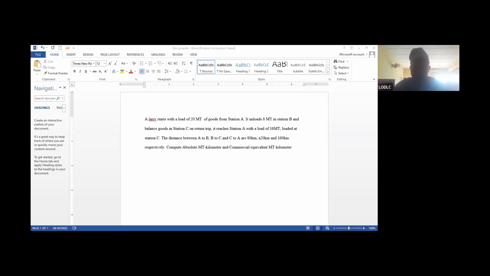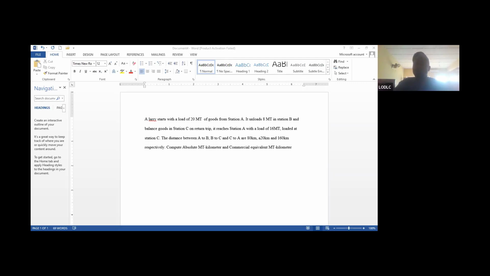When you want to use the simple average or commercial basis, the first thing that you do is you look at the total number of metric tons. We have 20, 12, and 16, which is 48. So what is the average? 48 divided by 3, which is 16.